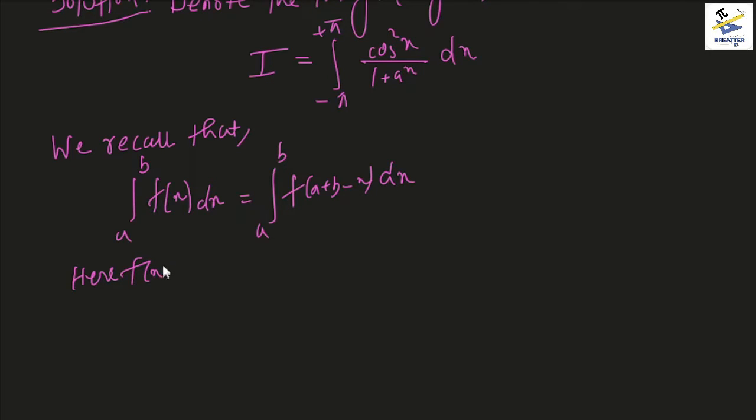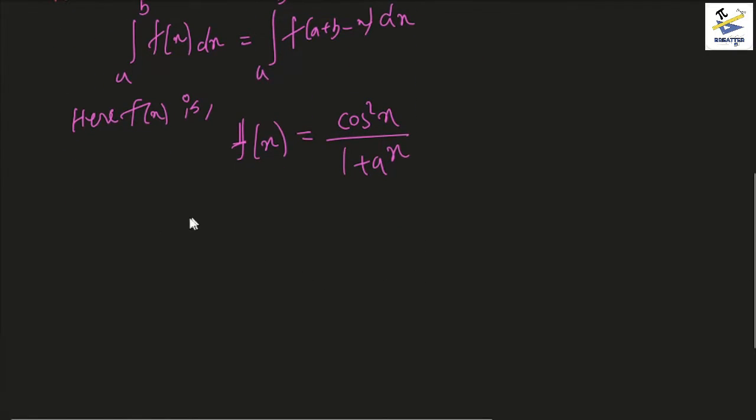because here f of x is basically f of x equals cosine square x by 1 plus a to the power x, right? So our limits here, a is equal to minus pi and b is equal to plus pi, right?